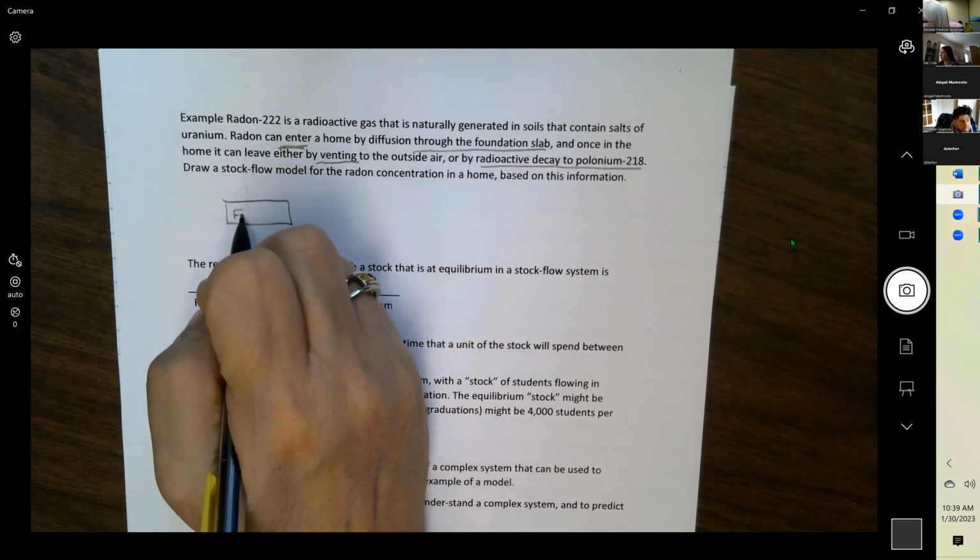It's coming through the foundation into the house, but then it's going out in two different spots. It's going out the vents or it's turning into something else through radioactive decay.